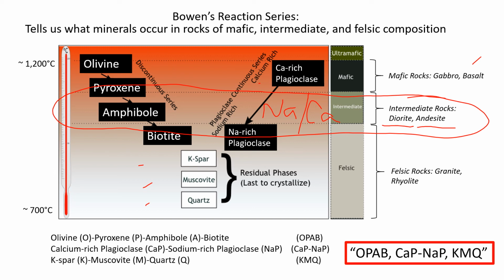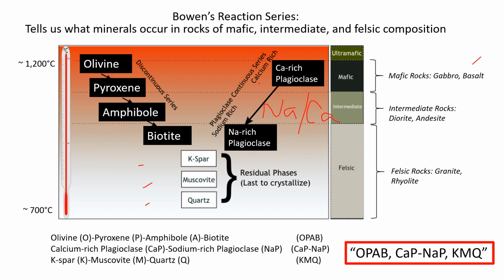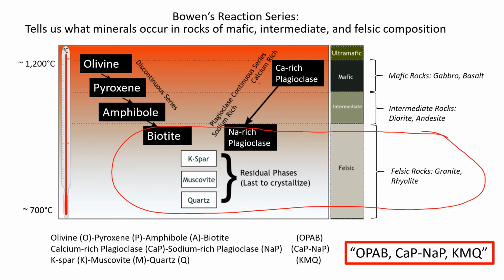And then finally, when we get down to felsic rocks that are forming at relatively low temperature, these rocks, like granite and rhyolite, for example, tend to be enriched in low temperature minerals like biotite, K-spar, muscovite, quartz. Typically, felsic rocks also contain a lot of plagioclase, but the plagioclase feldspar tends to be enriched in sodium as opposed to calcium.